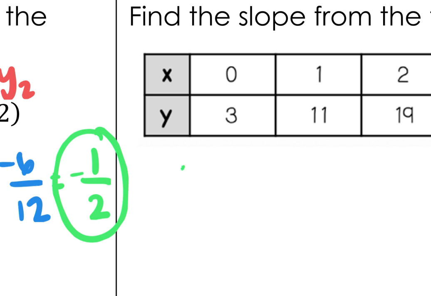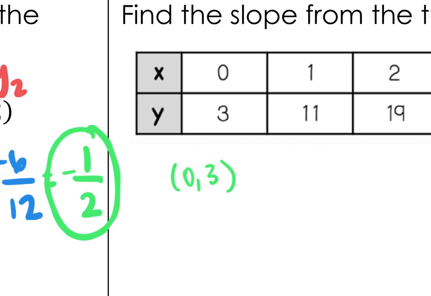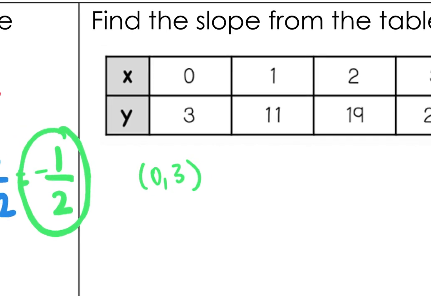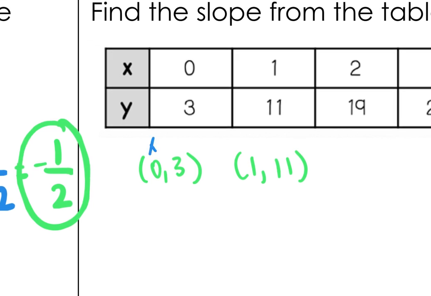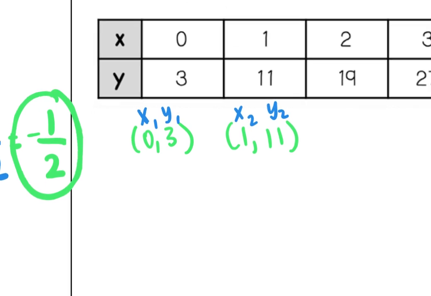So this first point is 0, 3. And then this second point has an x of 1 and a y of 11. So this is the point 1, 11. So this is our x and y. And we can say this is my x1 and y1 and this is my x2 and y2.